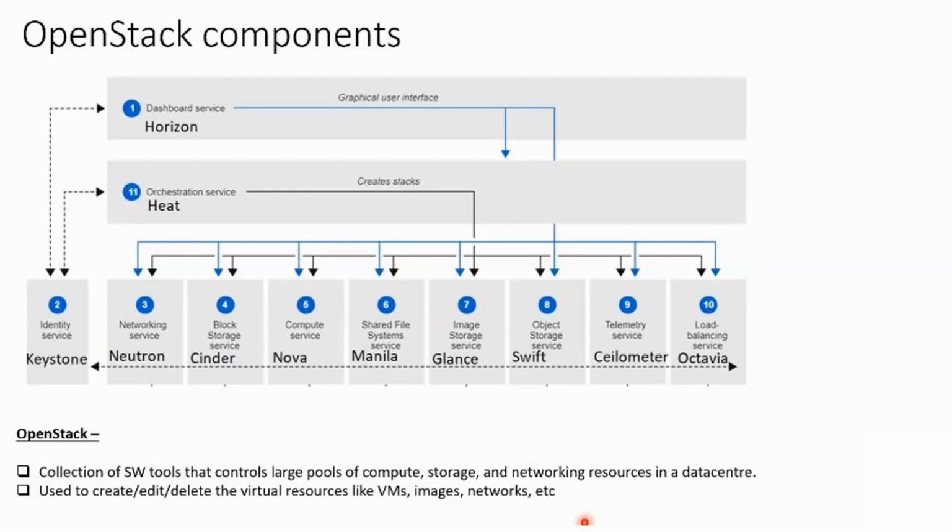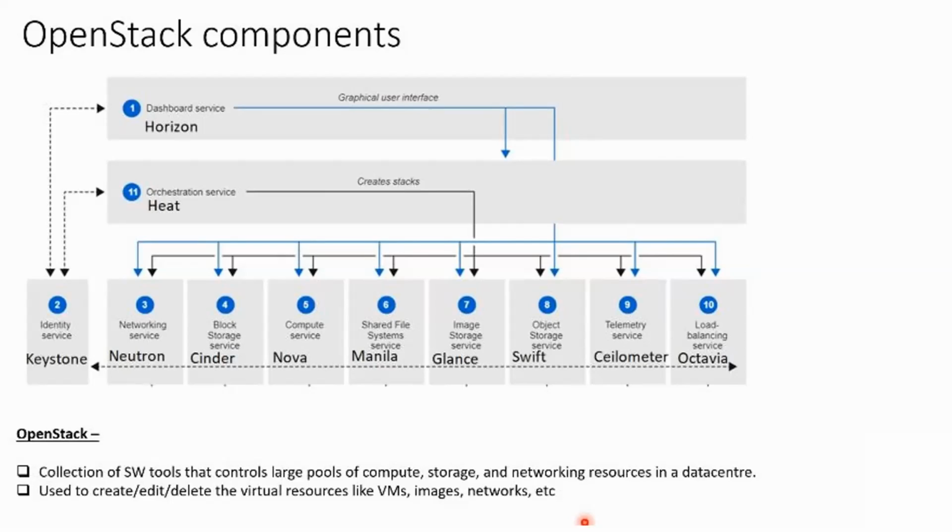Cinder is for storage, Nova for compute. Manila is a shared file system, and Glance is where we store all the images. And we'll discuss each of these things in detail in the coming days, guys. Swift, again, storage service. Ceilometer, a telemetry, or more precisely a monitoring service. Octavia is a load balancing service.